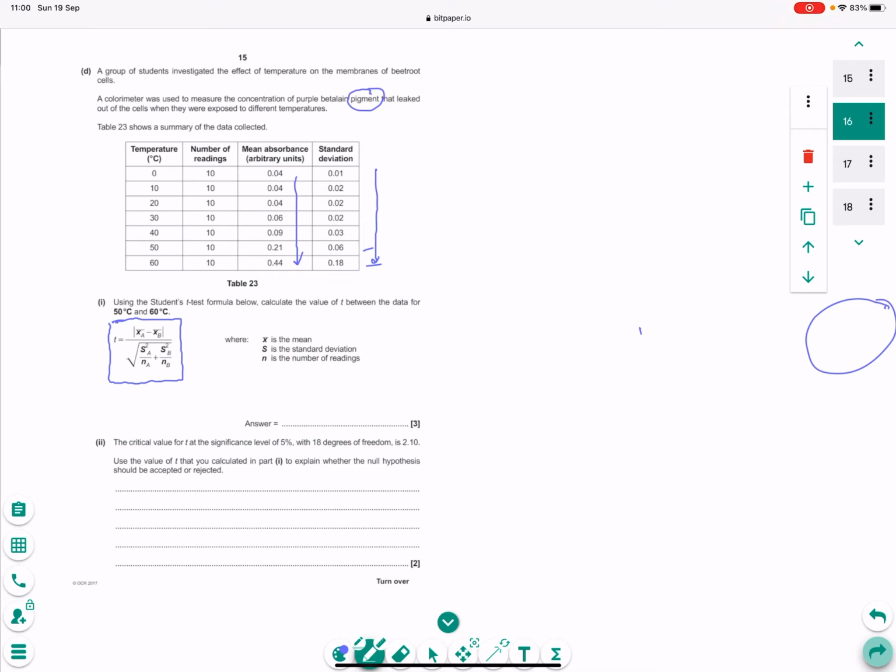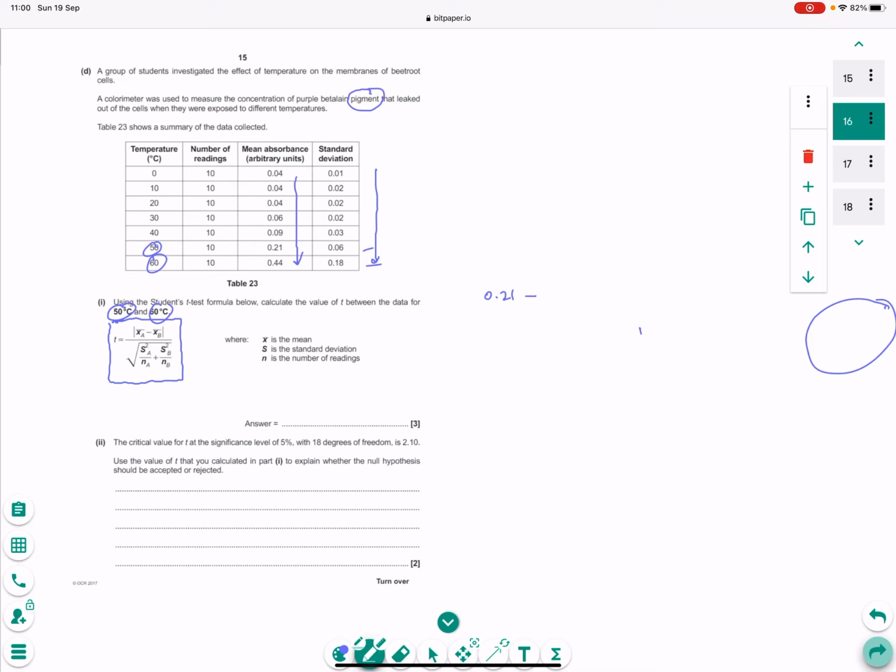Using the student's t-test formula below, calculate the value of t for the data between 50 and 60. Right, okay, this is just quite a lot of legwork to get these 3 marks. Okay, so we've got a mean here for A, which is 0.21.